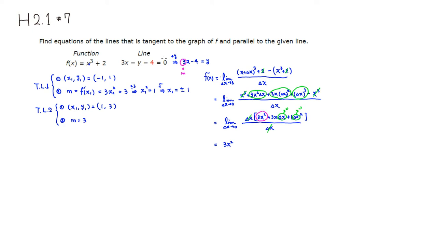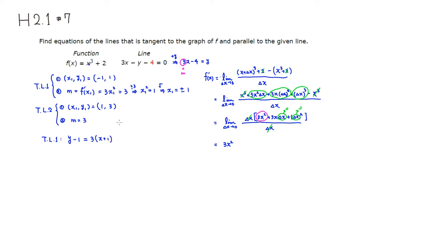Let's find the equations. The equation of tangent line number 1 is y minus y1, which is 1, equals the slope 3 times x minus negative 1, so it's x plus 1.